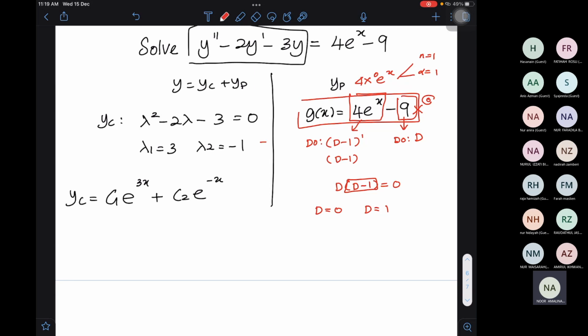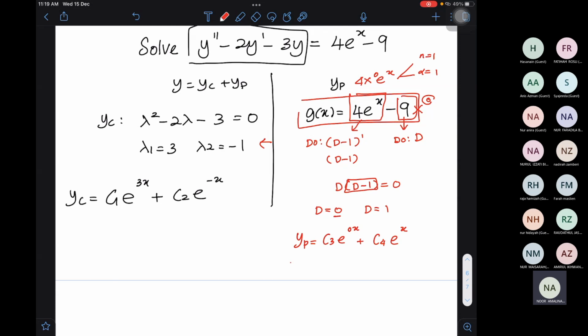Kita guna konsep yang sama macam yc ni. Because they have different value, therefore your yp will be in the form of C3. Dah guna C1, C2, kita guna C3 pula. Exponent 0x plus C4 exponent 1x.